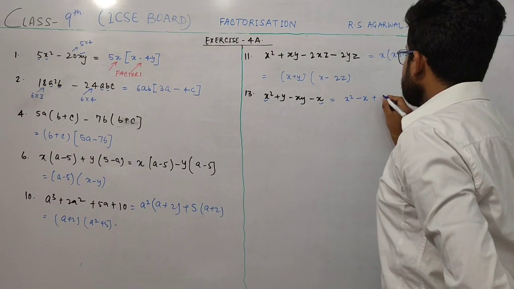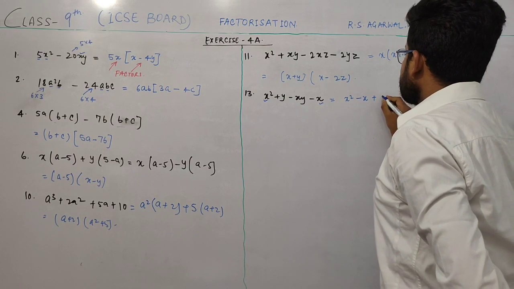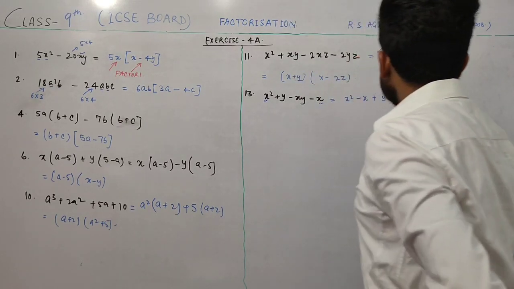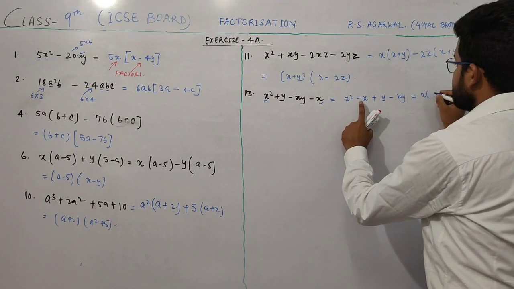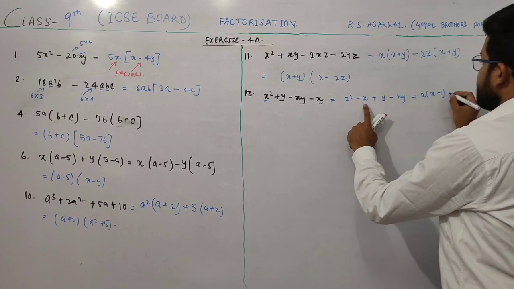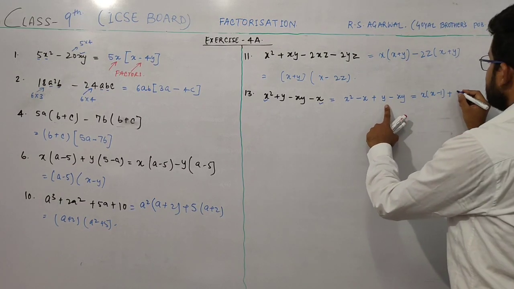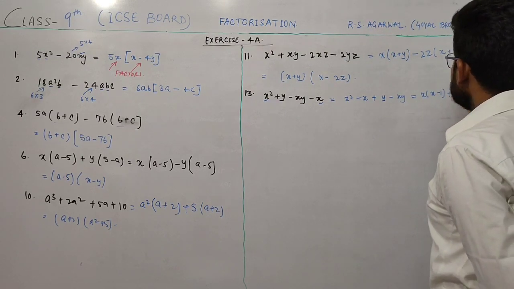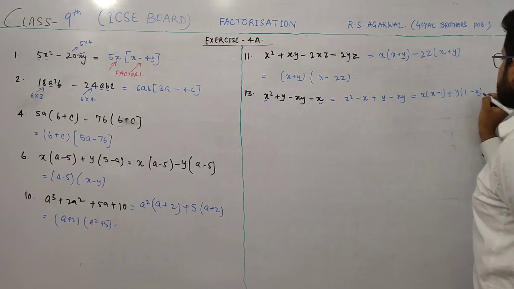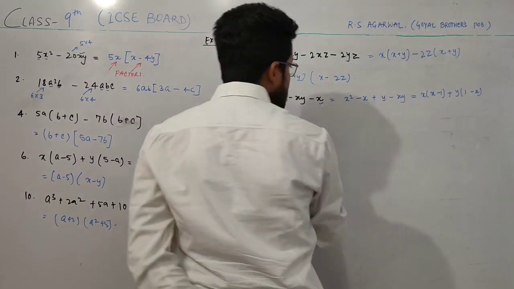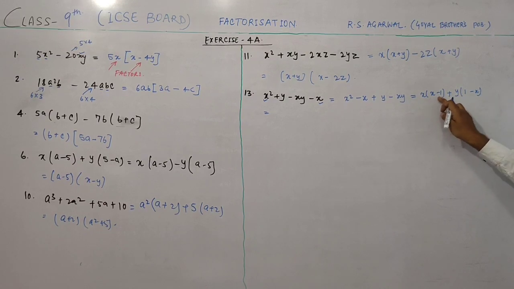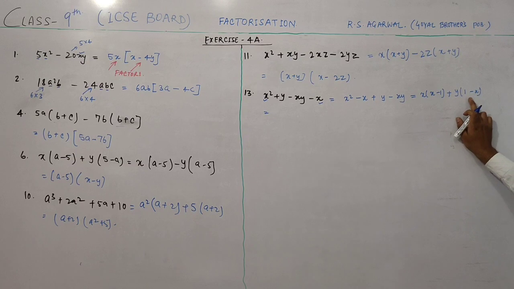Now here it is y minus xy. If I take x common, this is x minus 1, plus if I take y as a common, this is 1 minus x. Now look here, this is x minus 1, but it is 1 minus x. We have to make this 1 minus x into x minus 1 so that we can easily take common.